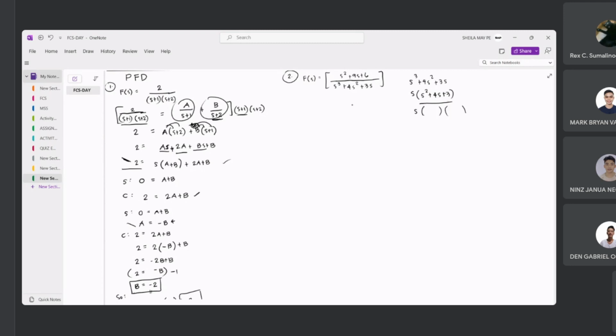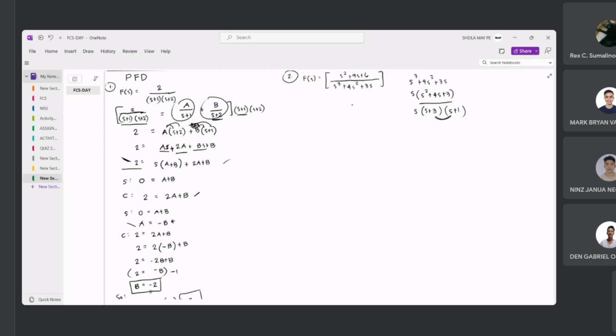Let's show you two factors, which is s plus 3, s plus 1, or you can interchange the two. It's basically the same, s plus 1, s plus 3. Basta tulo na sila ka both factor. We have s, s plus 3, and s plus 1.